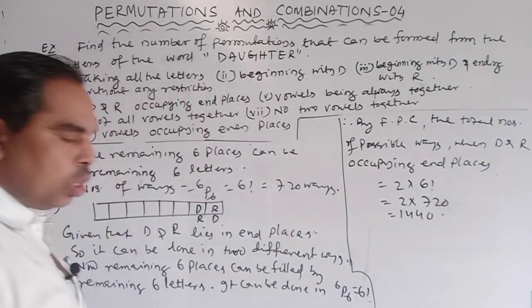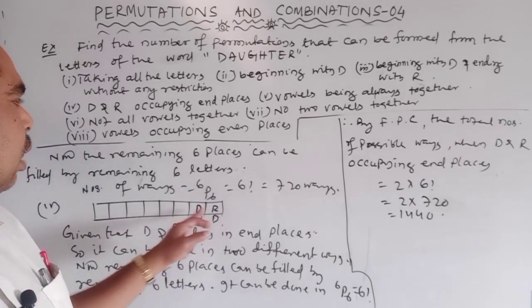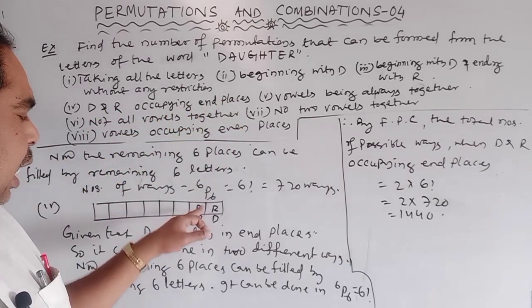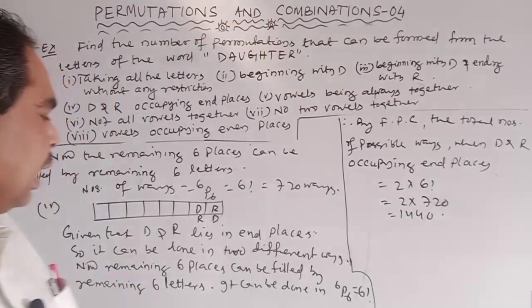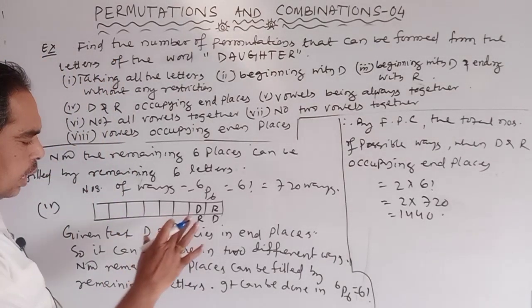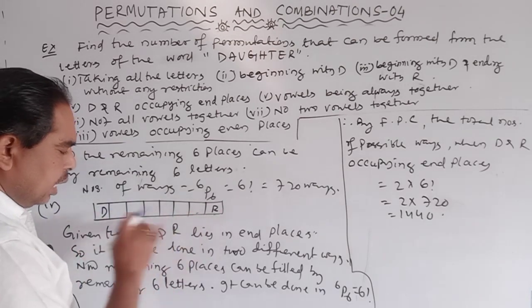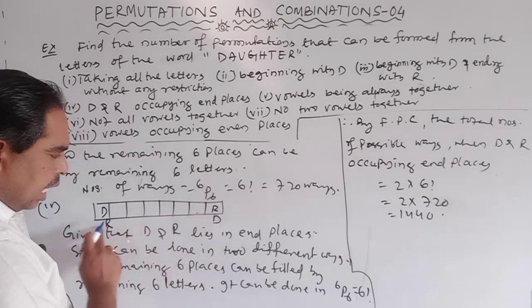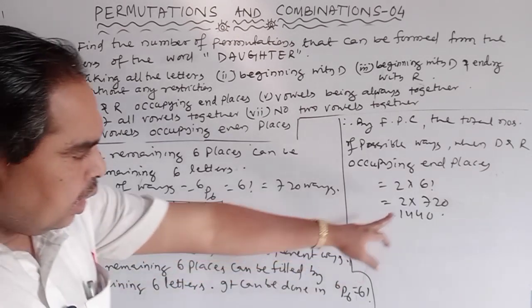Okay, 1440 ways. D and R occupying the end places means D and R this way, or R and D this way. So the answer is 2 into 720.